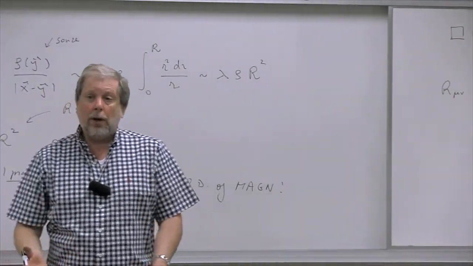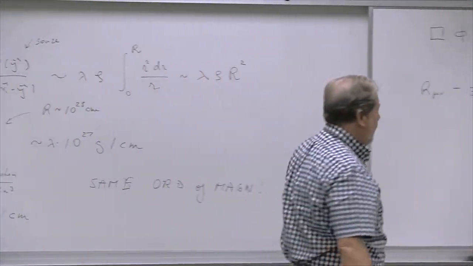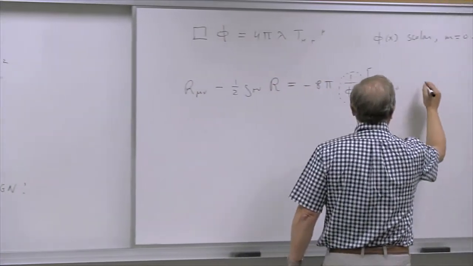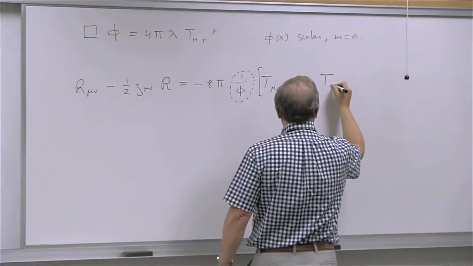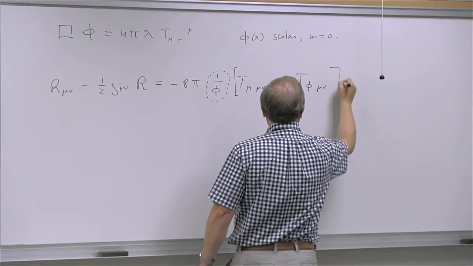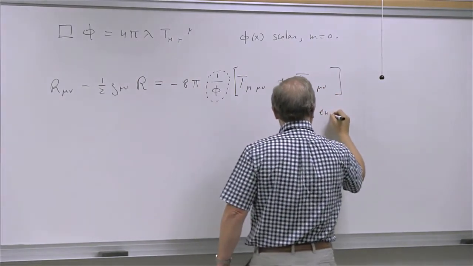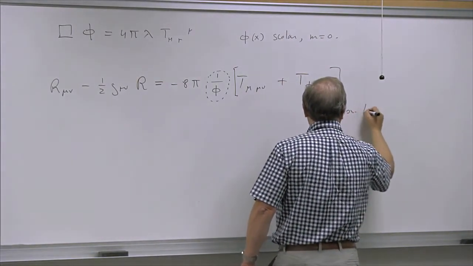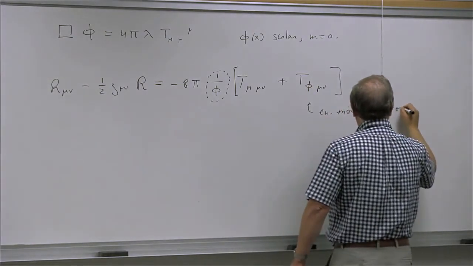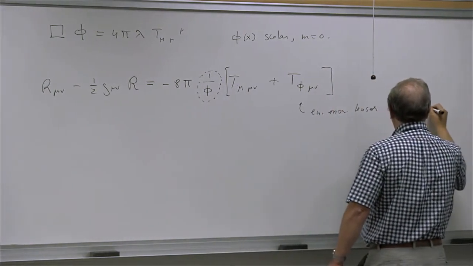And so it will carry energy and momentum. And now we see why we put the m here, because there's going to be also a phi contribution like this. So this is the energy momentum tensor of the phi field.